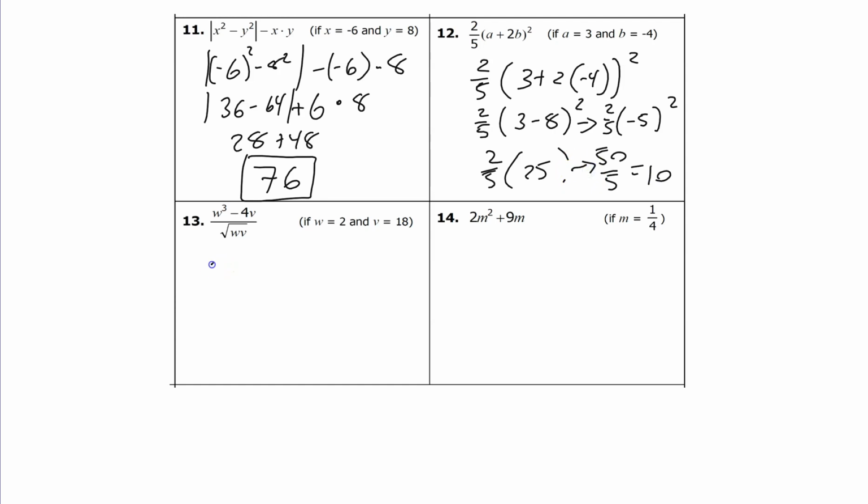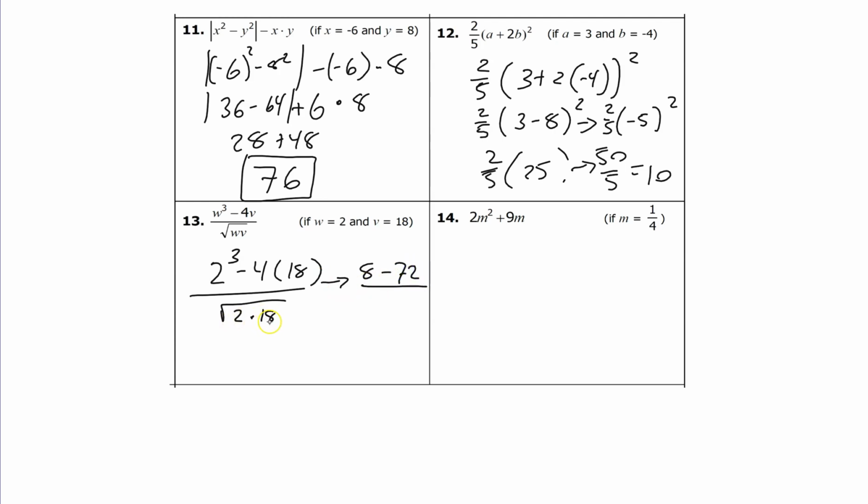13, 2 cubed minus 4 times 18 all over the square root of 2 times 18. All right, 2 cubed is 8. So that gets us 8 minus 4 times 18. Well, 4 times 18 is 72.